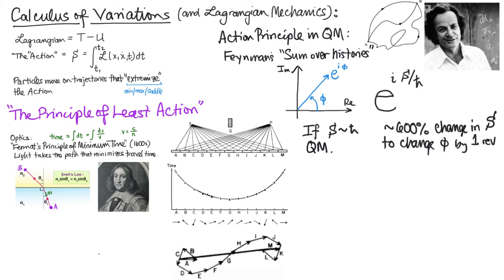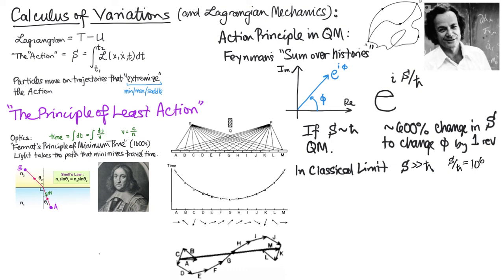But what about in the classical regime? In the classical limit, S will be much bigger than h bar. So I'll just pick a number. This is much smaller than the actual ratio, but what if S over h bar was 1,000,000, 10 to the 6? We're many orders of magnitude off of reality here.